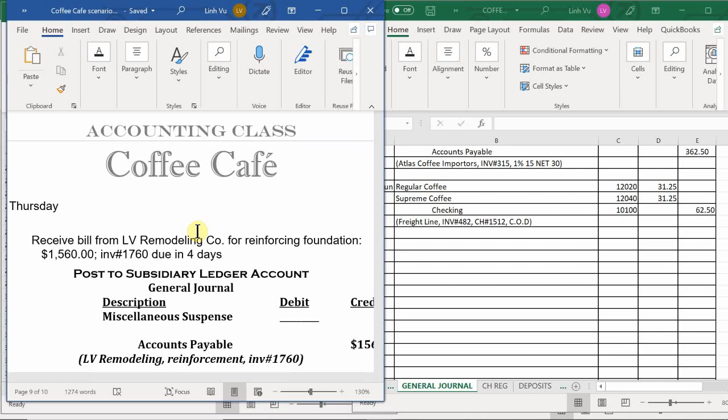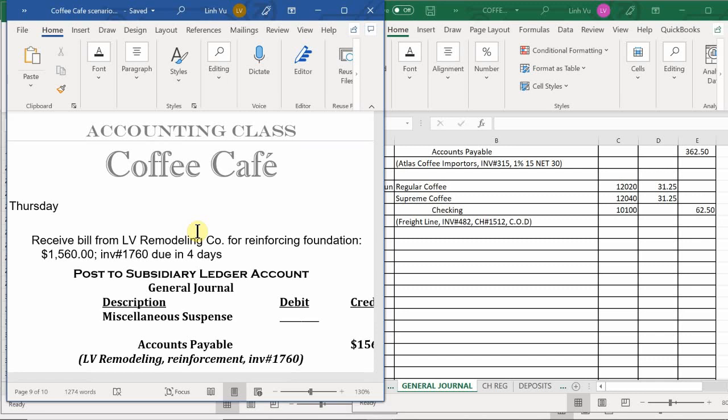So everything until the grinder is ready, you put in miscellaneous: the freight, the shipping, whatever it is. Correct. That's what I want you to do. I want you to wait until the grinder is completely ready for service and then move it out.